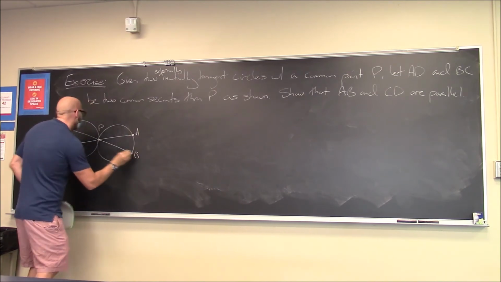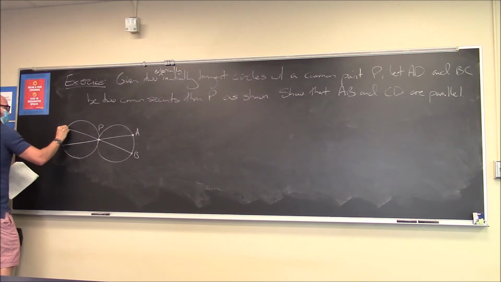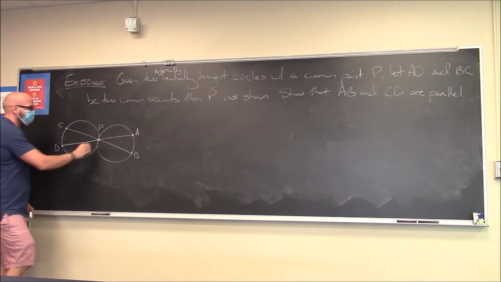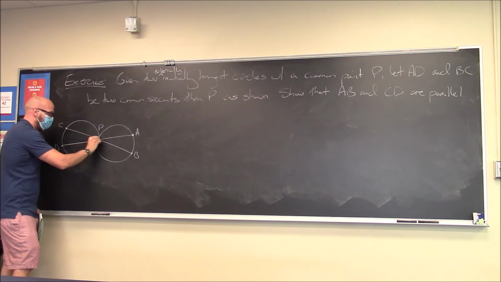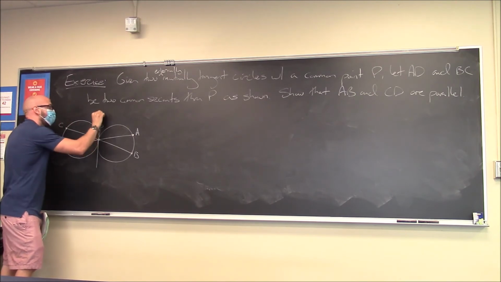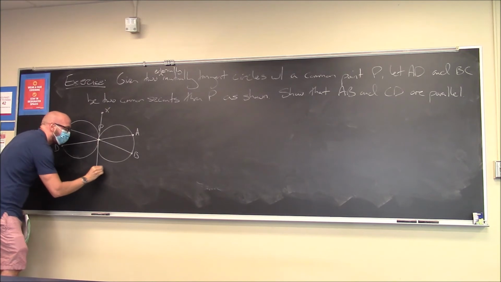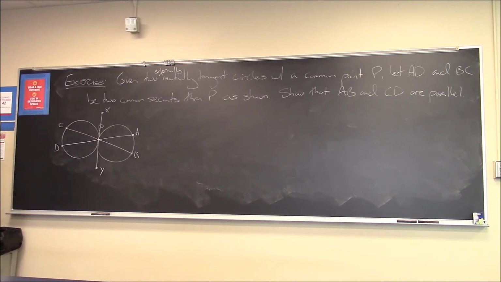A, B, C, D. And in our proof, we're going to invoke the tangent that passes through P. So let's draw this tangent and label some of these points, X and Y. So tangent is this line XY.